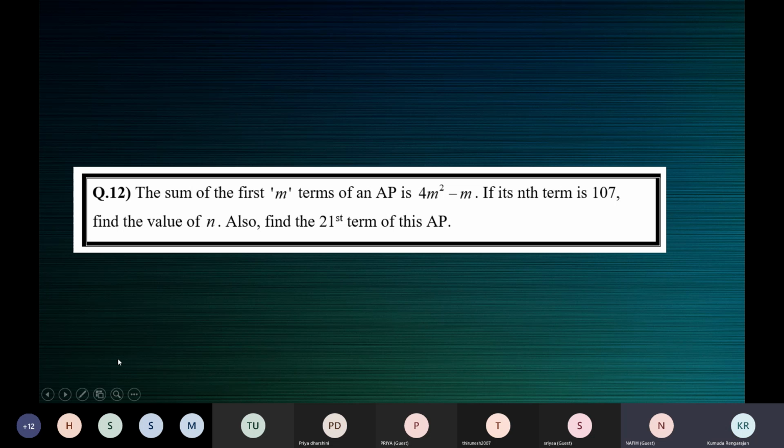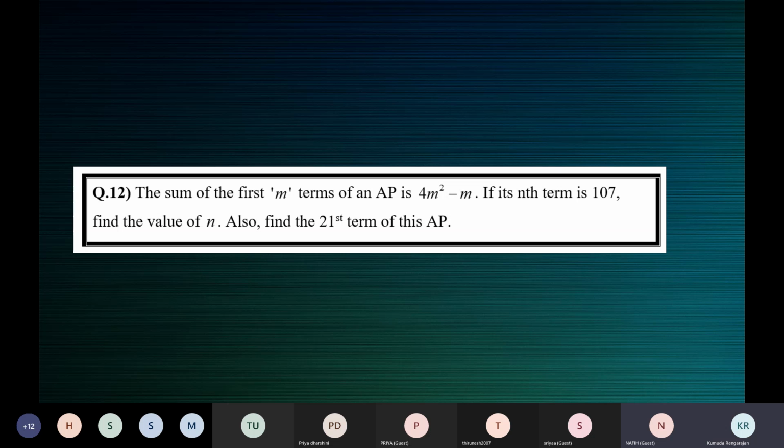Yes, Tirunesh, what is the value of n? 14, ma'am. And the 21st term? 163, ma'am. Priyadarshini, what's your value of n? n is 14, ma'am.